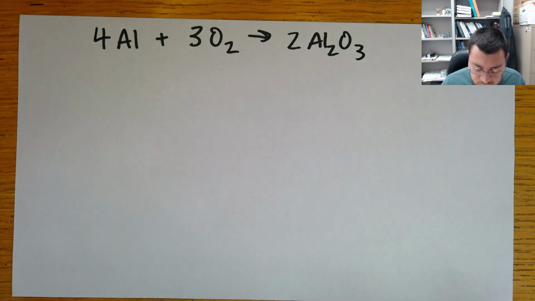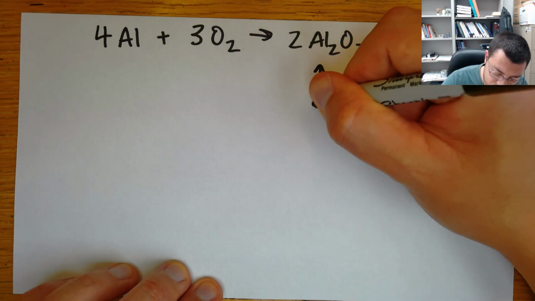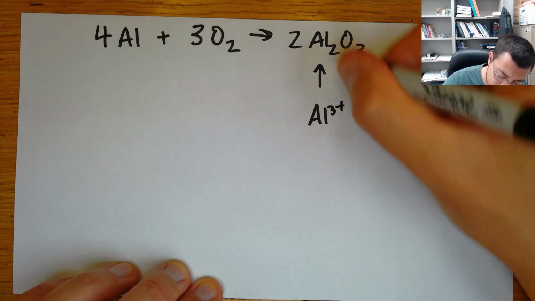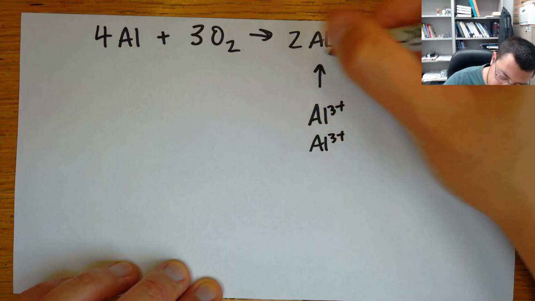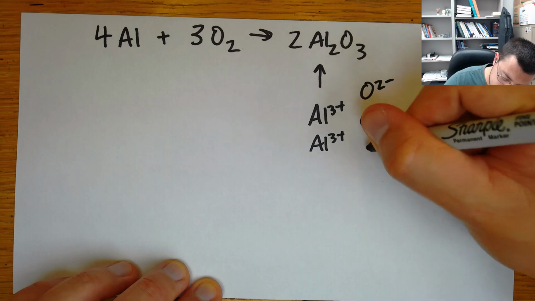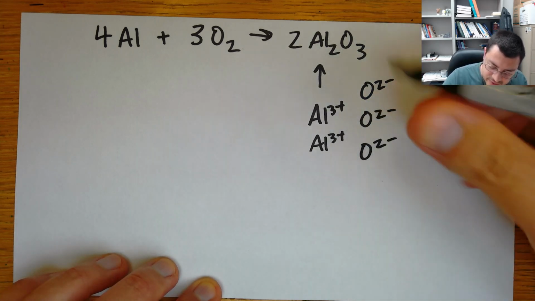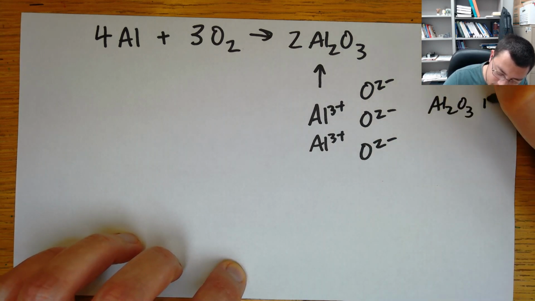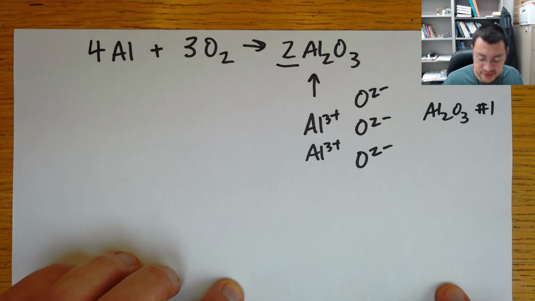All right, so we recall that at the end of the reaction, we actually had aluminum 3+ here, and we have 2 of them for every 3 O2 minuses. Okay, so this is Al2O3 number 1, but we have 2 of them. So we might as well draw the second one.